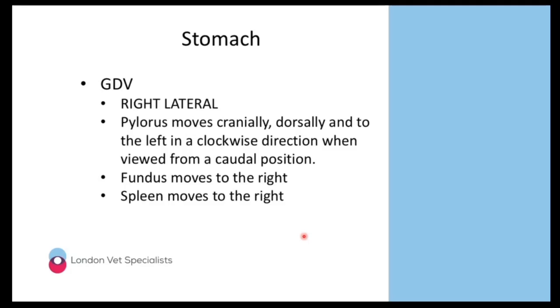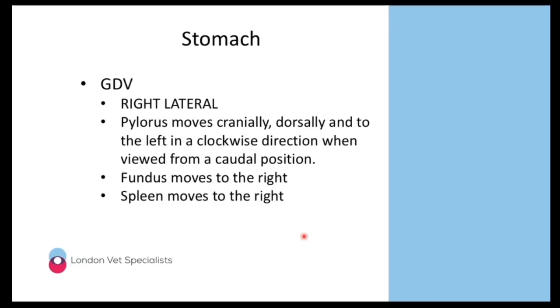Oftentimes that's not necessary. And the GDV, the twisted stomach, the volvulus, is due to the pylorus moving cranially, dorsally, and to the left in a clockwise direction. And that's if you look at the patient from a caudal position. So effectively, you're standing behind the patient and watching the pylorus move in a clockwise direction, dorsally and to the left. So it's going to go clockwise.